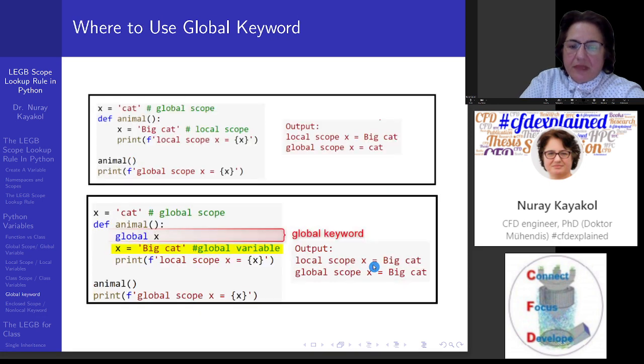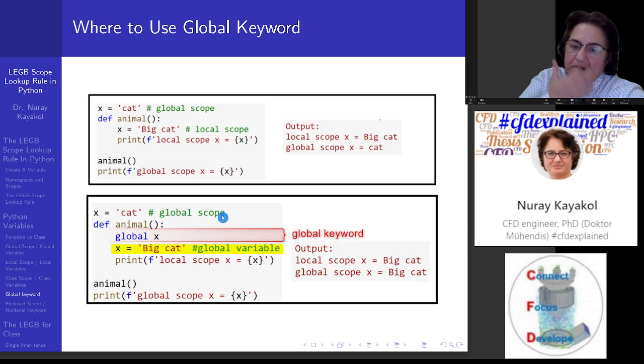This is how the global keyword is used. If you define global inside of a function, you modify it both in the function and in the global scope. Here this piece of code will give you the same value big cat for the x, although it is defined as cat in the global scope.